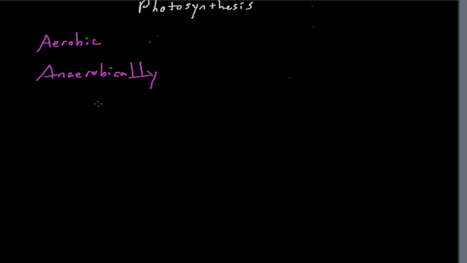Okay, anaerobic. When you do it anaerobic, it's called fermentation. Okay, and different organisms do it different ways. We, like some bacteria and stuff, we tend to use lactic acid fermentation.